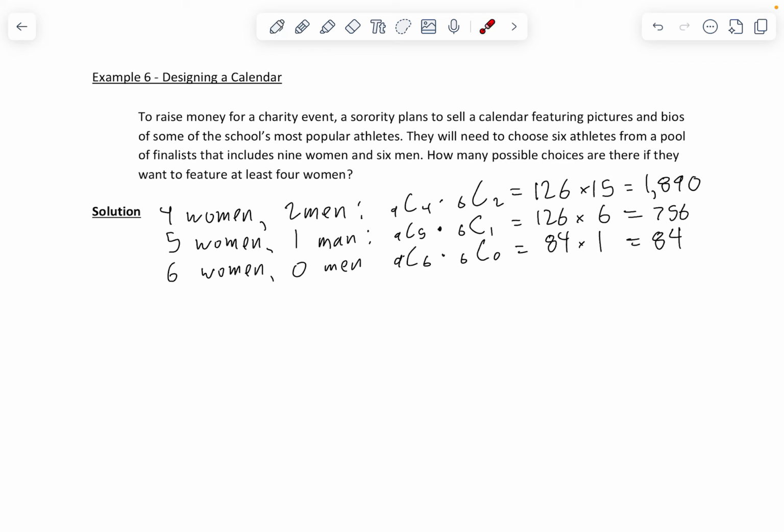So you want at least 4 women, right? So this top number here, that would be the scenario that involves exactly 4 women. The next one, exactly 5 women. And then lastly, exactly 6 women, right? So the total number of possibilities is going to be the sum of those 3 numbers.